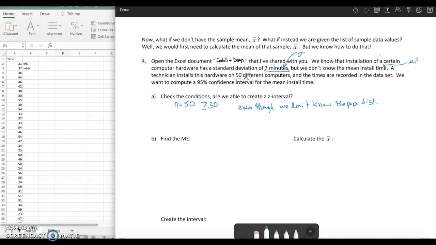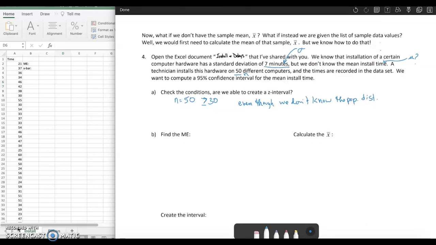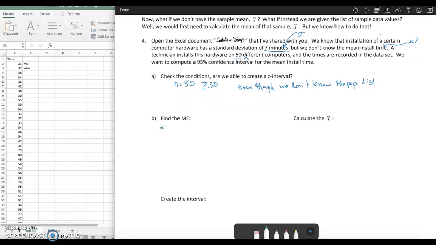The first thing we'd want to do, like before, is find that margin of error. In order to find that, we start with finding alpha, which is 1 minus the confidence level. In this case, that's 1 minus 0.95 for a 95% level. So alpha is 0.05. Notice that sigma we're given as 7 and n is 50.